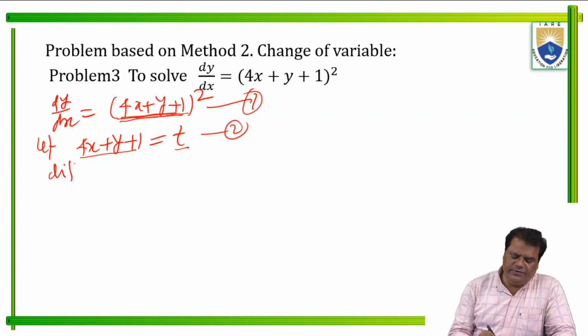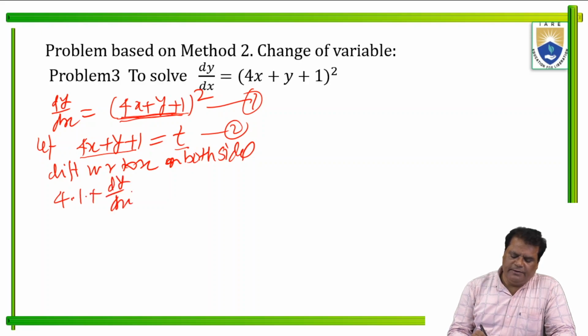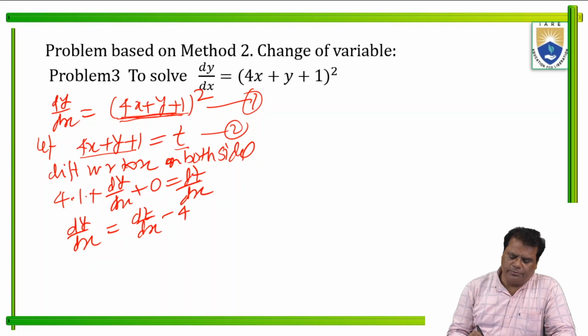Now differentiating with respect to x on both sides. So 4 times the differential of x is 4, plus dy dx, plus 0, equal to dt over dx. So now dy dx is equal to dt over dx minus 4. This is equation number 3.